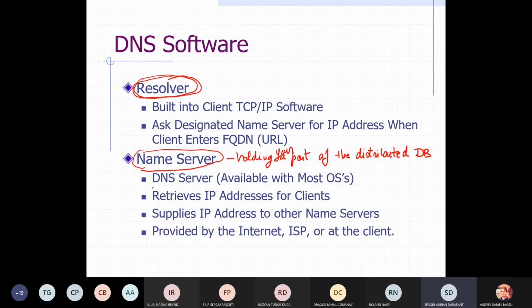Now, the DNS server is a separate component that you install on Windows. It's not available by default. It doesn't come with Windows. It comes in only as an optional component with only the server part of the Windows operating system. So you need Windows Server.